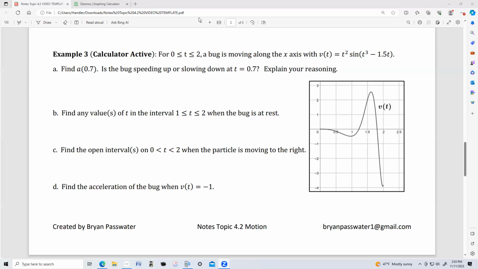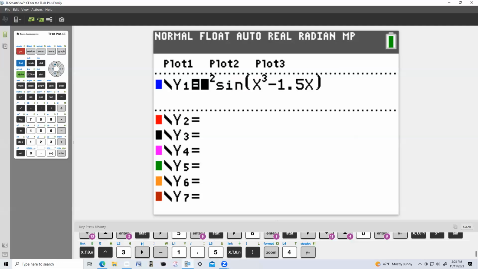Explain your reasoning. All right, so the next thing we're going to do is plug this function into the TI-84. So at this time, I'm going to switch to my TI-84 screen. And this should be the correct function. So if you need to pause and type this into Y1, please do so now.